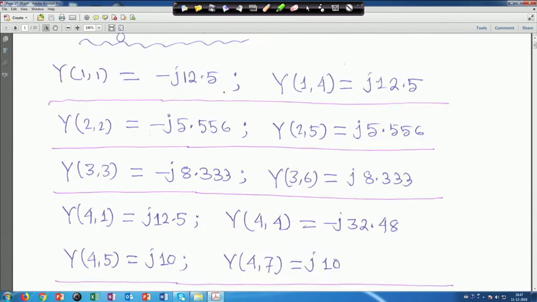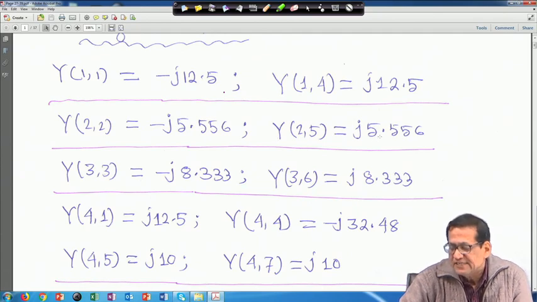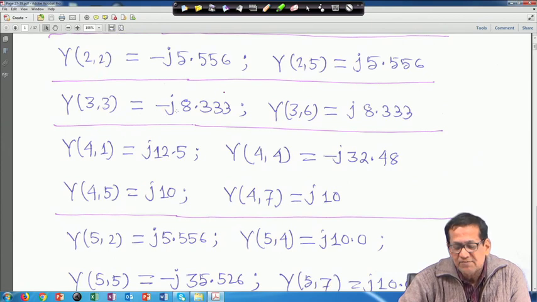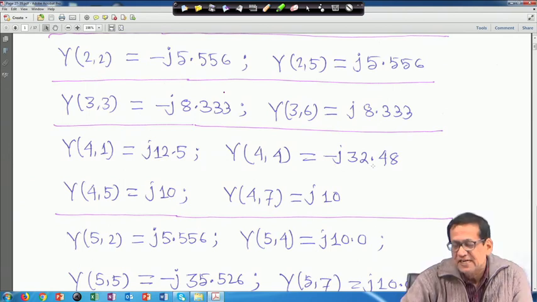Similarly, Y22 is minus J5.556, and Y25 is J5.556. Y33 is minus J8.333, and Y36 is J8.333. You can compute these yourself, but for exam purposes these parameters will be provided, otherwise it is a time consuming process. Y41 will be J12.5, and Y44 you will get minus J32.48.